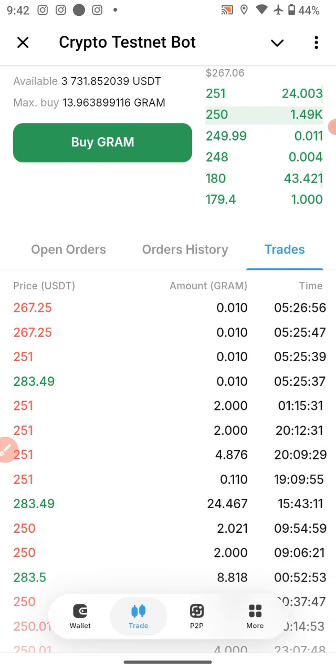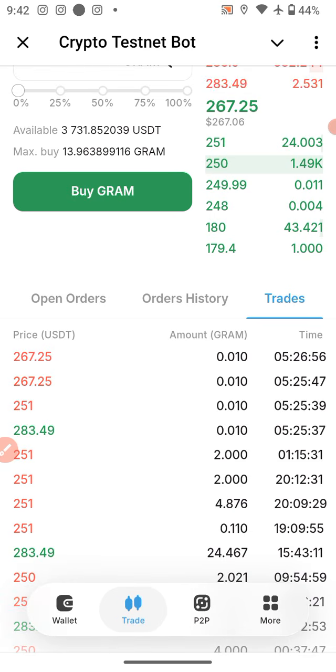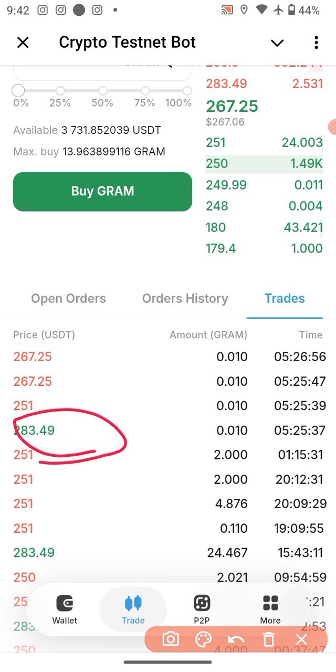So when I bought $3,000 worth of this pair, the price of this currency was 283 USDT, and it went all the way to 251, and now it's at 267. And I already bought some of this wallet.